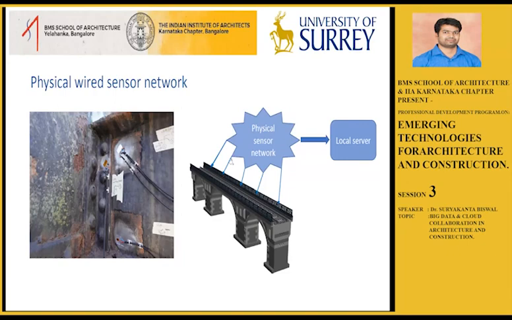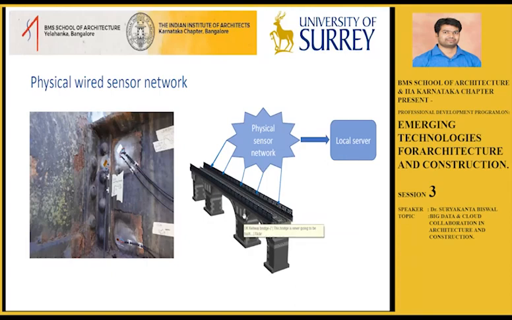The wiring will be connected to a local sensor network, which will then be connected to a local server. The server will be very close to the bridge site. If the bridge is close to a railway station, maybe the server will be at the railway station or at some remote location.